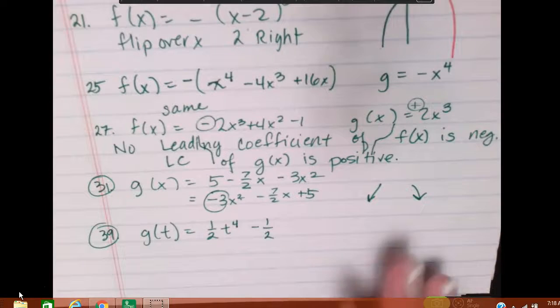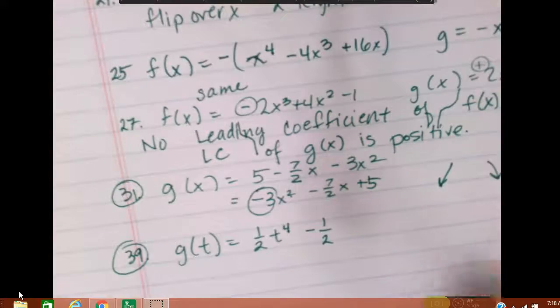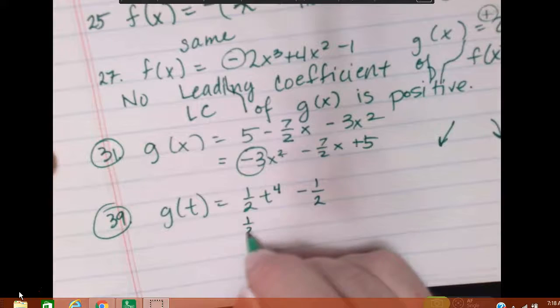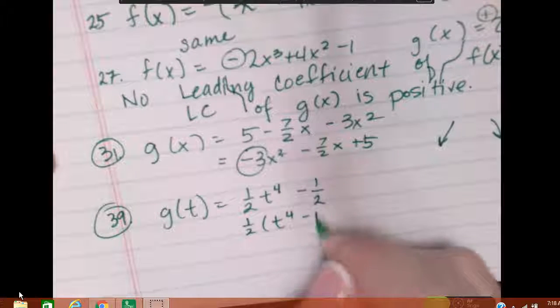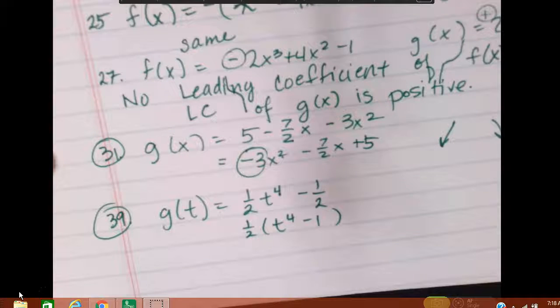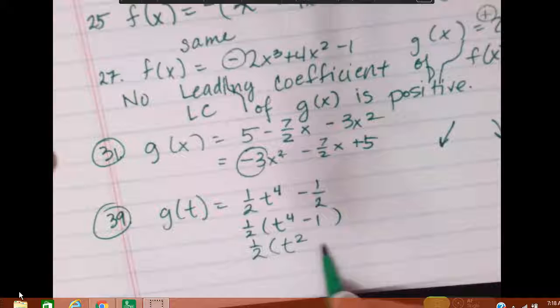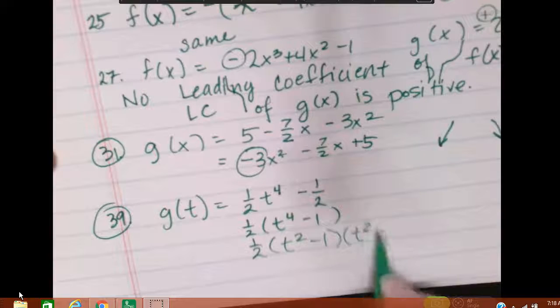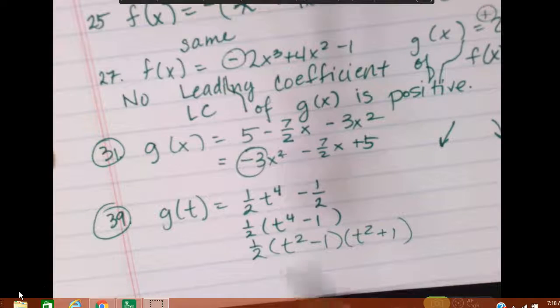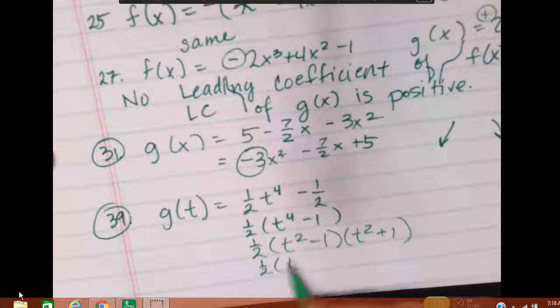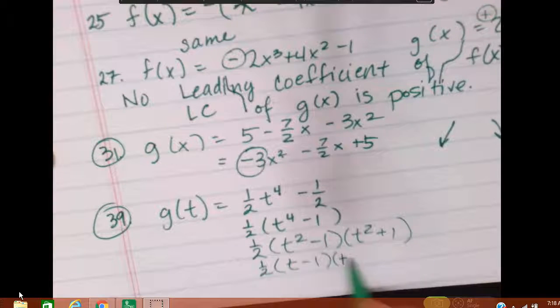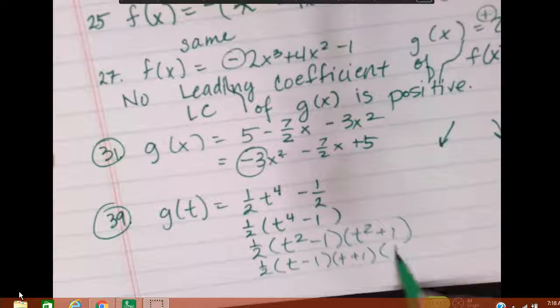Okay, so now I'm going to use my factoring skills. I see that I have a GCF, so I'm going to factor out 1/2. I get t to the 4th minus 1, and then I notice this is a difference of squares, so in order to factor that I can do t squared minus 1 and t squared plus 1. Then I see that I have another difference of squares, so t minus 1, t plus 1, and then t squared plus 1.